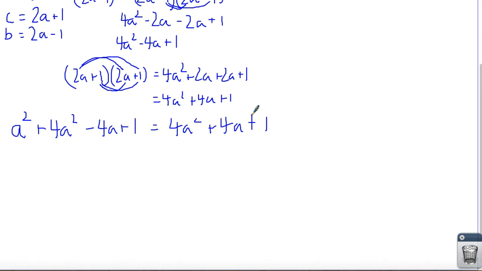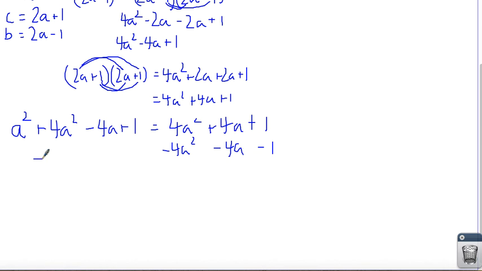And like I said, it's a quadratic equation. All these variables are being squared. So all of our methods for solving quadratic equations first rely on setting the equation equal to 0. So I'm going to subtract everything from the right side and move it to the left side. So minus 4A squared and minus 4A minus 1.